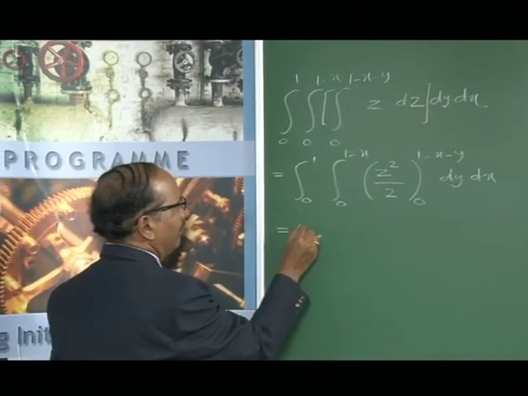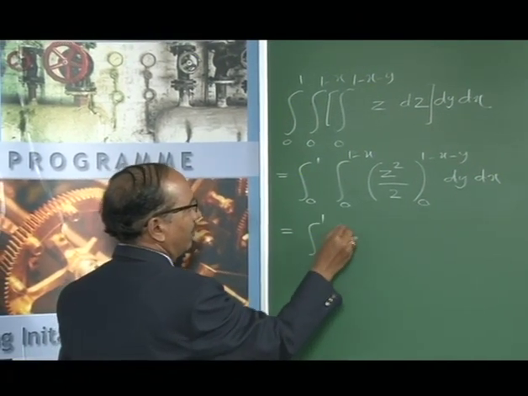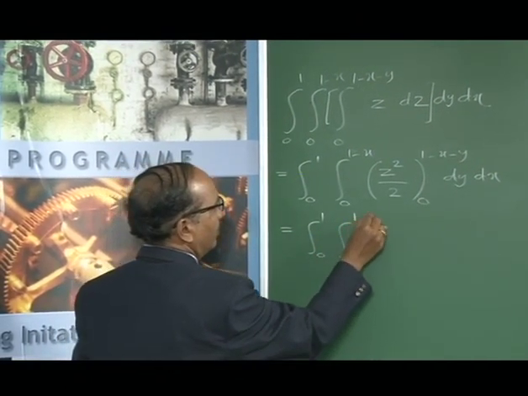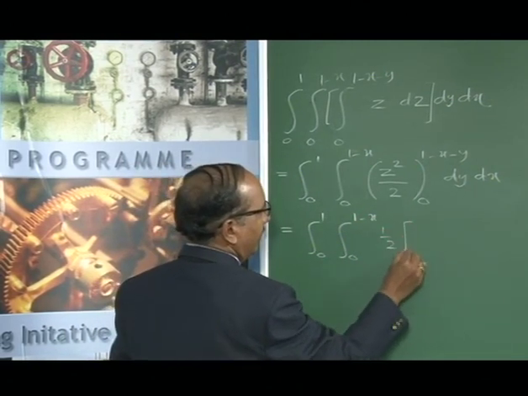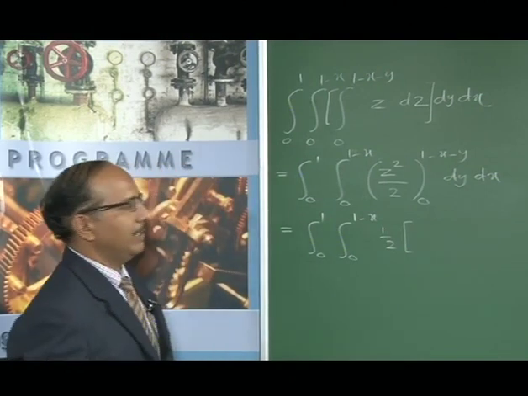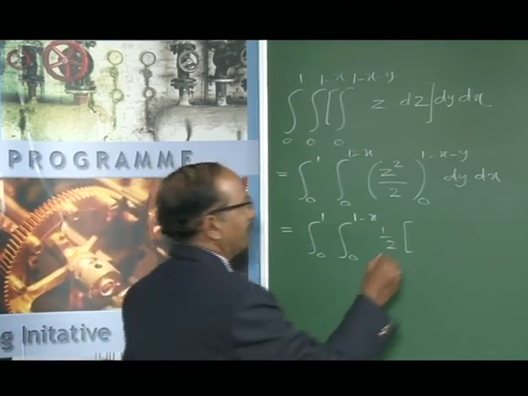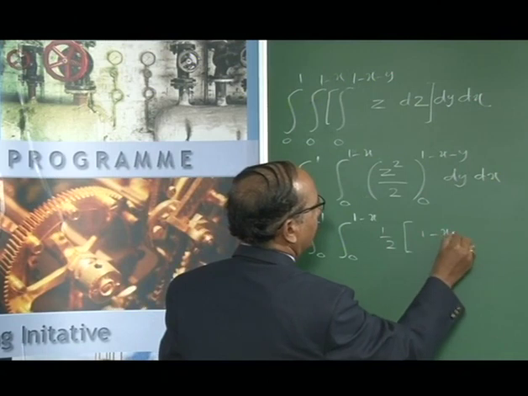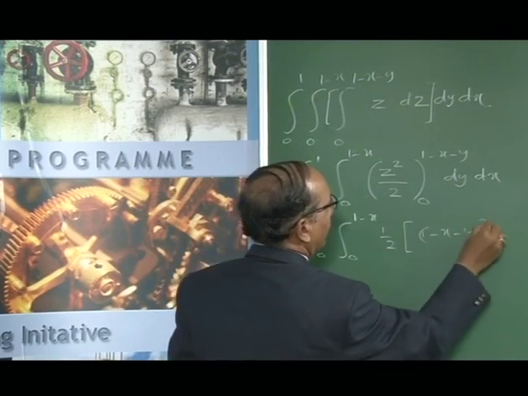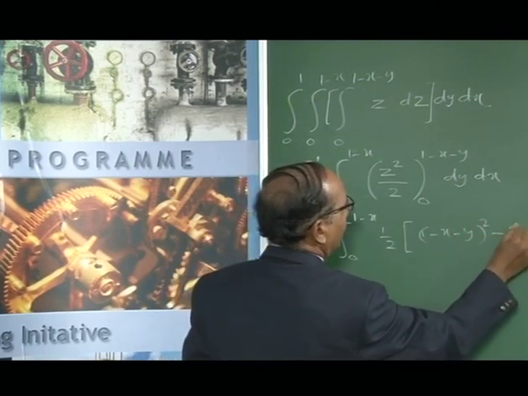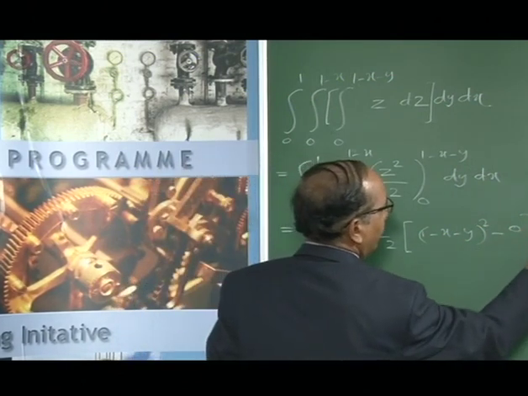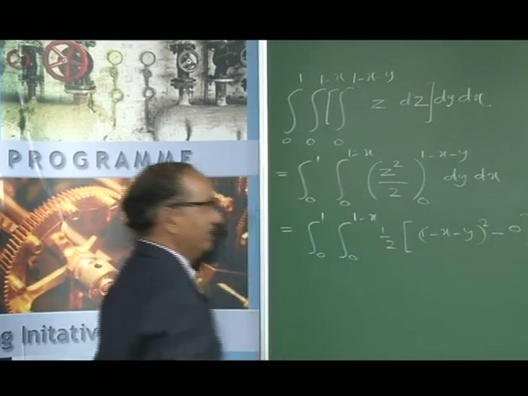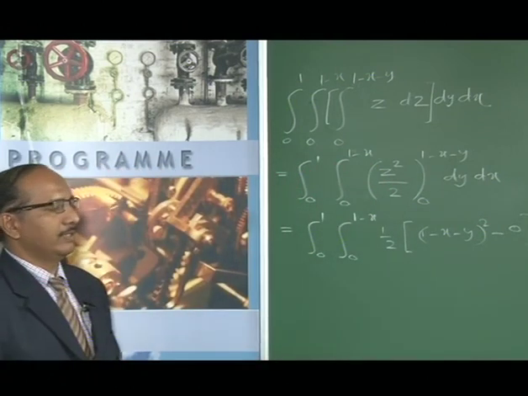Now, substitute the limits 0 to 1, 0 to 1 minus x. 1 by 2 is a constant, you can take it outside, put in place of z 1 minus x minus y, 1 minus x minus y whole square minus lower limit is 0, that is 0. Then dy dx as it is. The integration with respect to z is over.